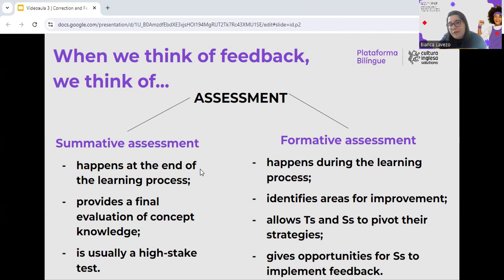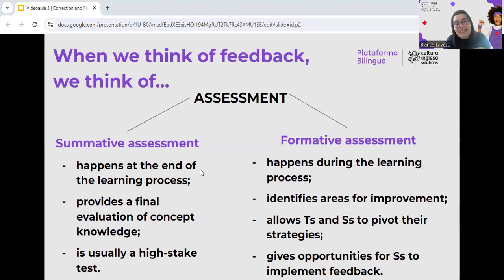So when you think of yourselves, when you were at school, when you were kids, teenagers, what type of assessment were you more used to? What type of assessment are your students now more used to? I'm saying this because, well, when I was a student, it was summative assessment all the way, 100%.